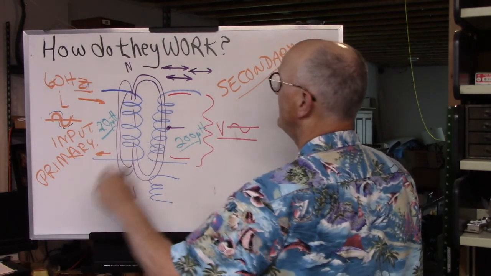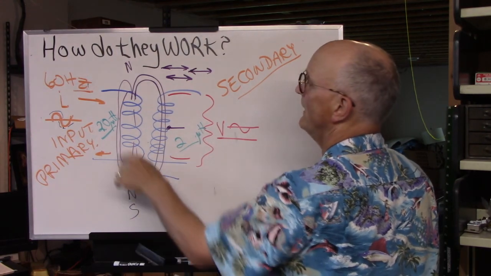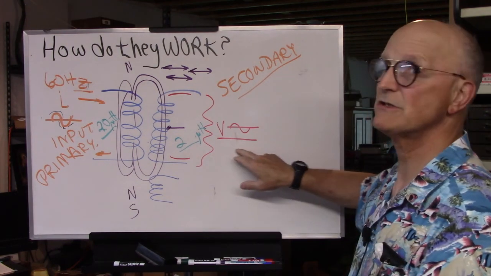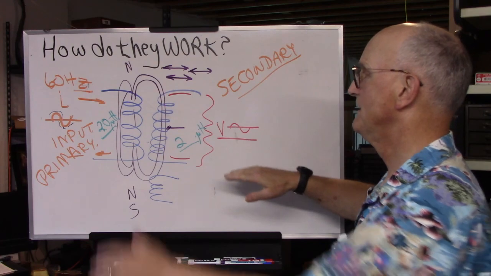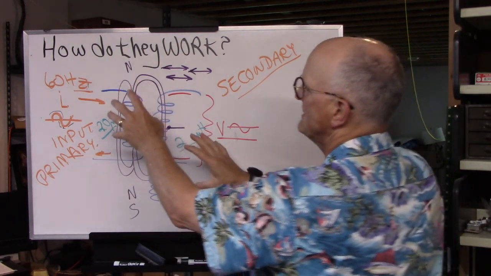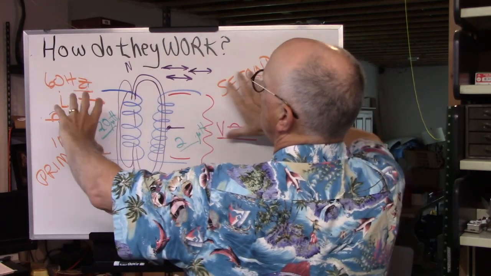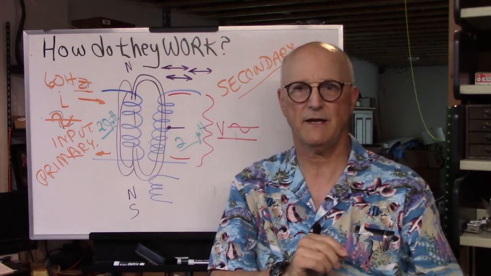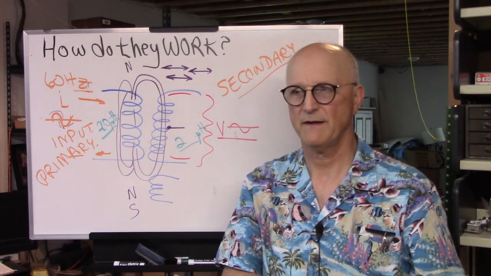But what if we did it the other way around? We had 20 microhenries here and only 2 microhenries here. Now the voltage is going to be lower. It's going to be a step-down transformer. So the step down, step up, or 1-to-1 is determined by the turns ratio between the input and the output. And that is how transformers work.